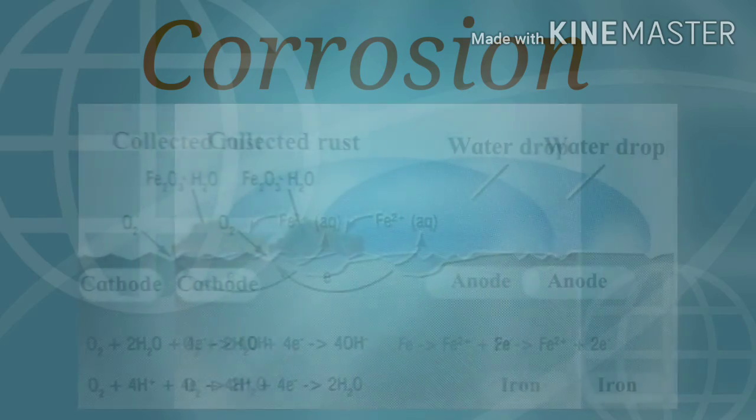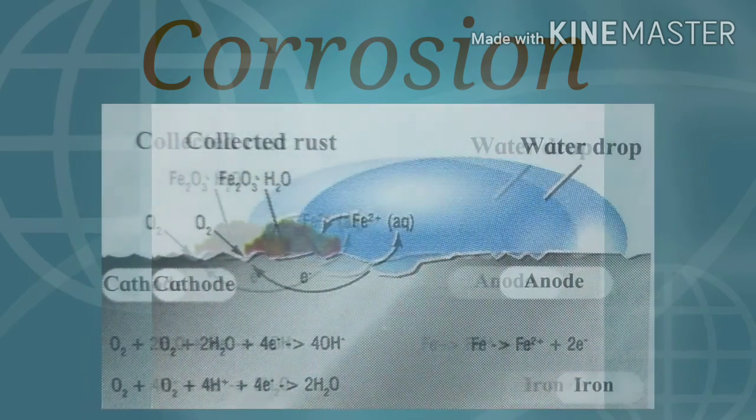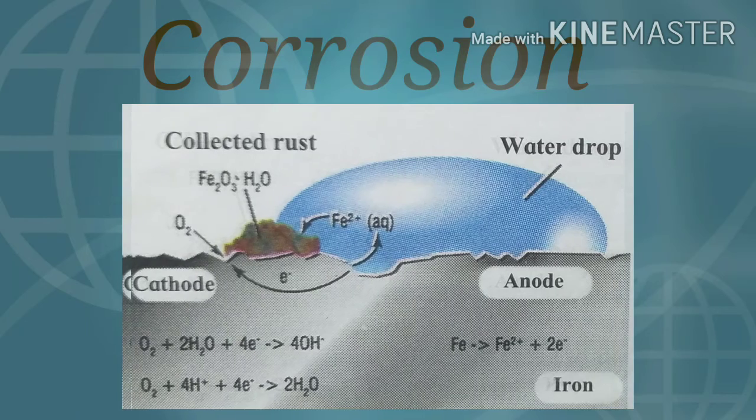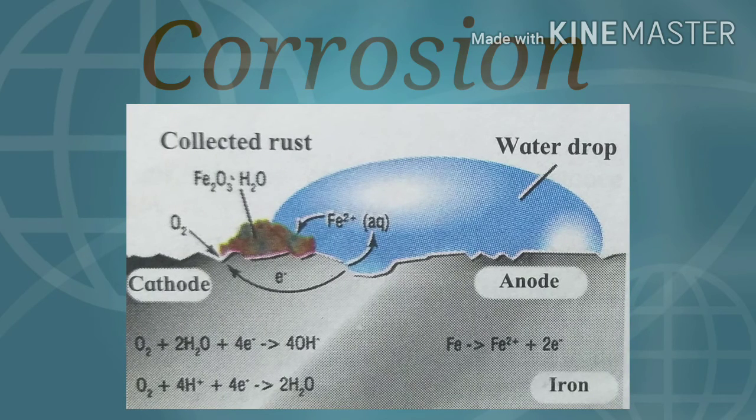The rust on iron does not form by a simple reaction of oxygen with the iron surface. This rust is formed by an electrochemical reaction. Different regions on the surface of iron become anode and cathode.